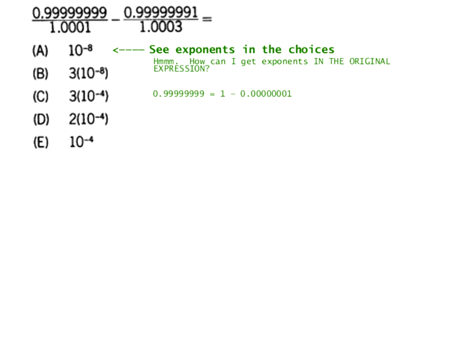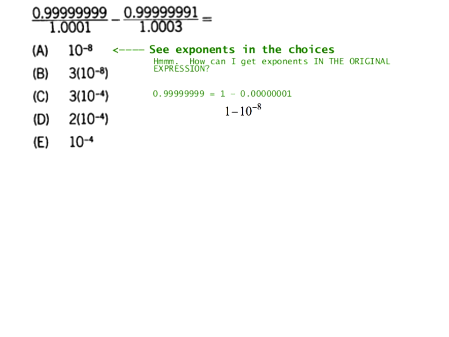If you think about it, that's got 8 places, so that is 1 minus 10 to the minus 8. I'm going to be importing these expressions from my equation editor, so it might take a second to show up.